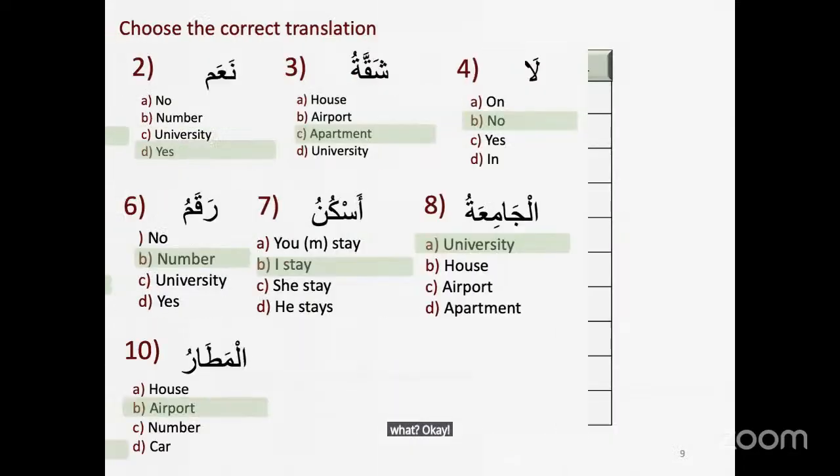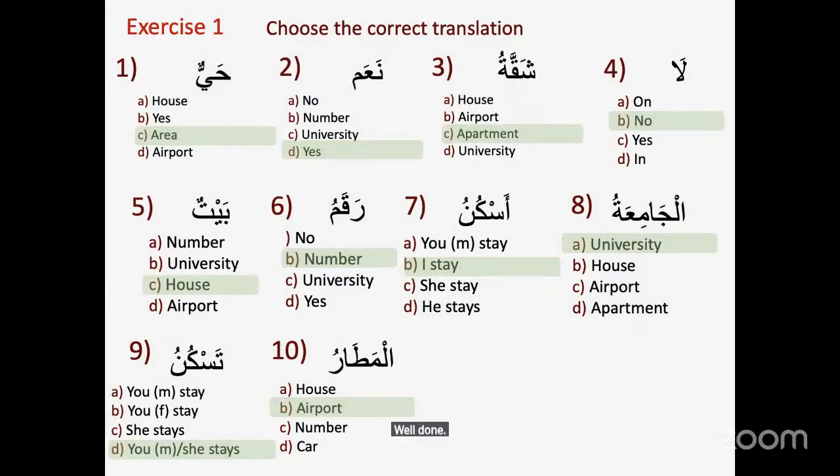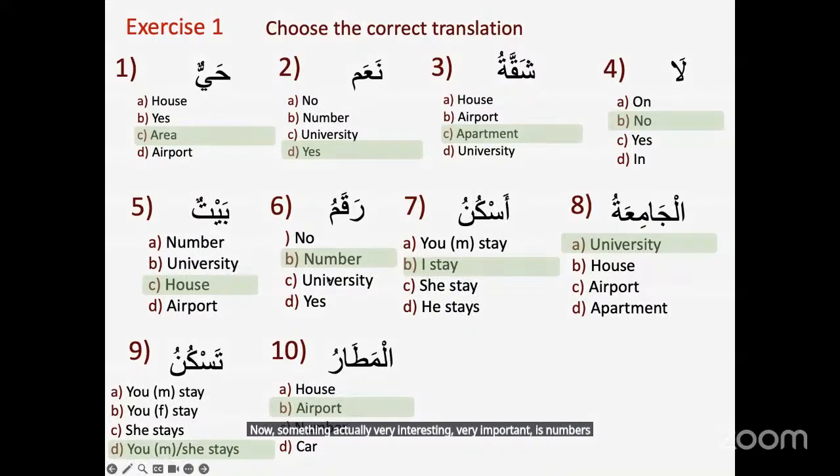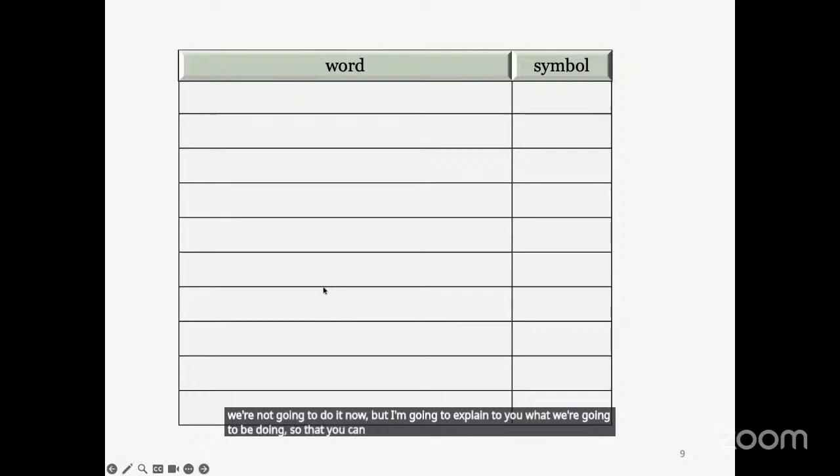Okay, well done. Now, something actually very interesting, very important is numbers. We're not going to do it now, but I'm going to explain what we're going to be doing so that you can go through the notes and learn it in the meantime. We're going to learn about the symbols and the names.